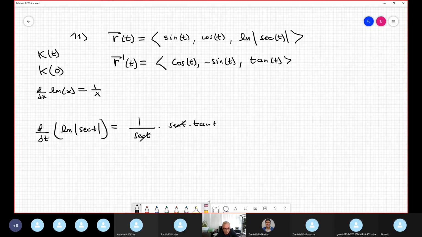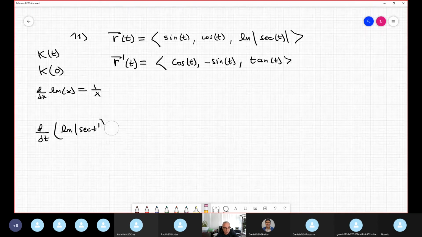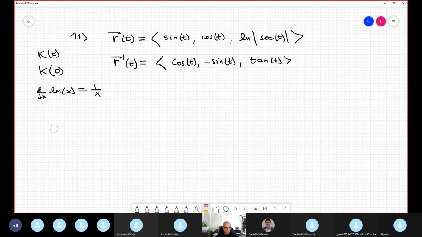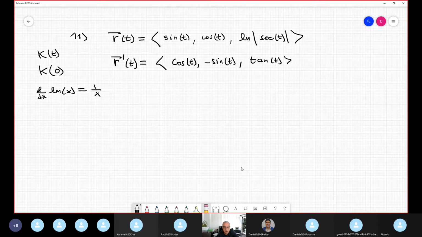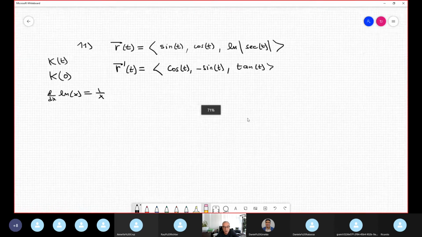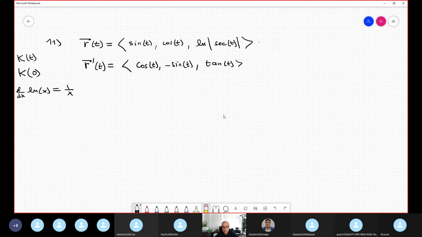So I take advantage of this moment. And also I know we evaluate at the point where they want to find the curvature. In this case, 0.